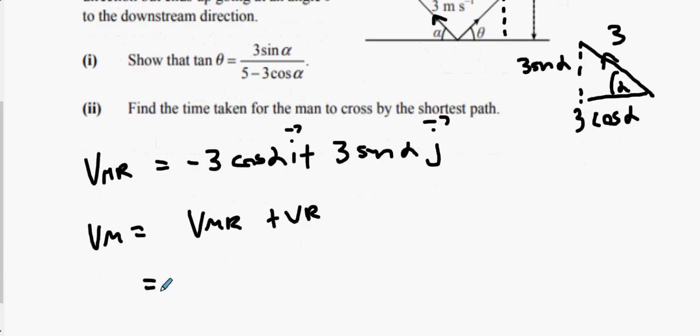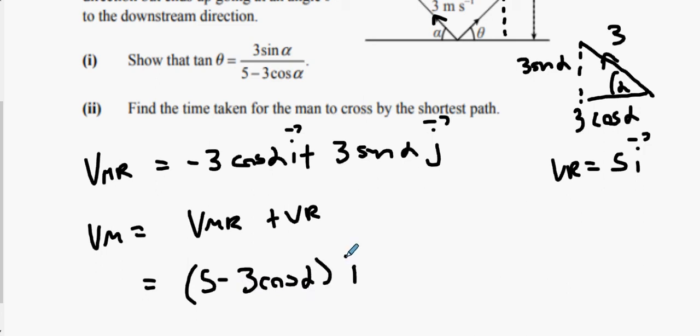So the velocity of the river is 5i. Happy days. So we're going to add the 2 of these together, and what we're going to end up with is (5 minus 3 cos alpha) i, and then plus 3 sine alpha j. We all good with that?